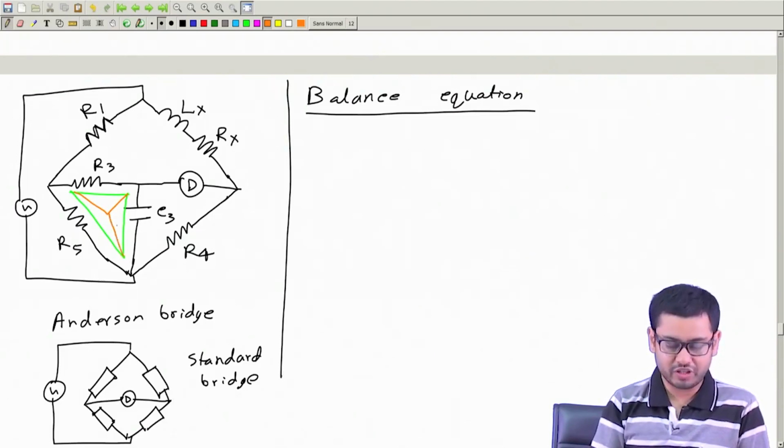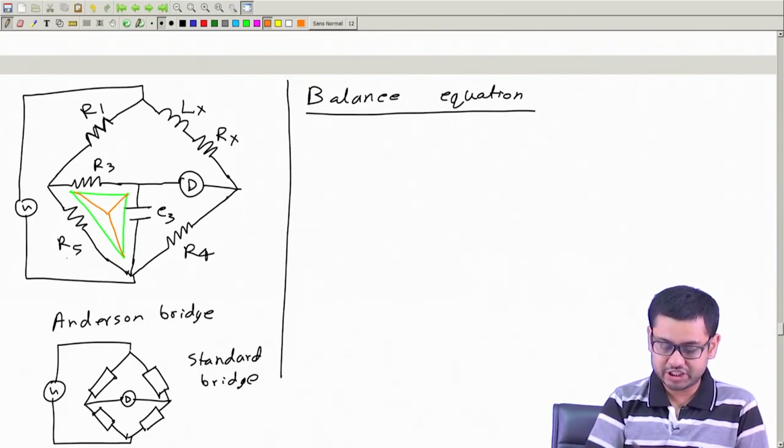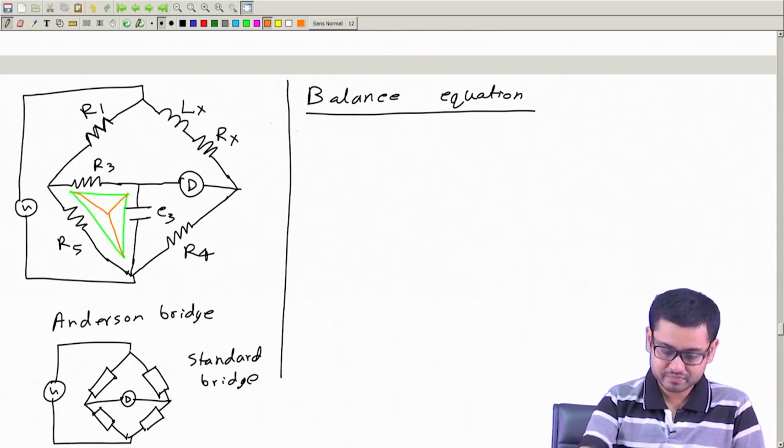If you do this delta to star conversion, then this bridge will look like this.